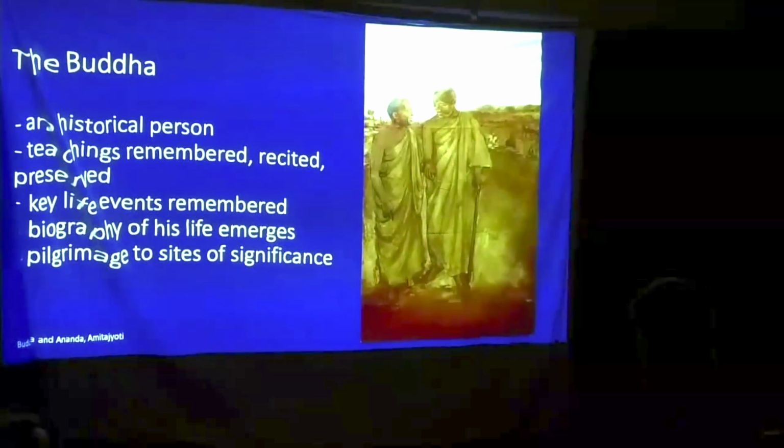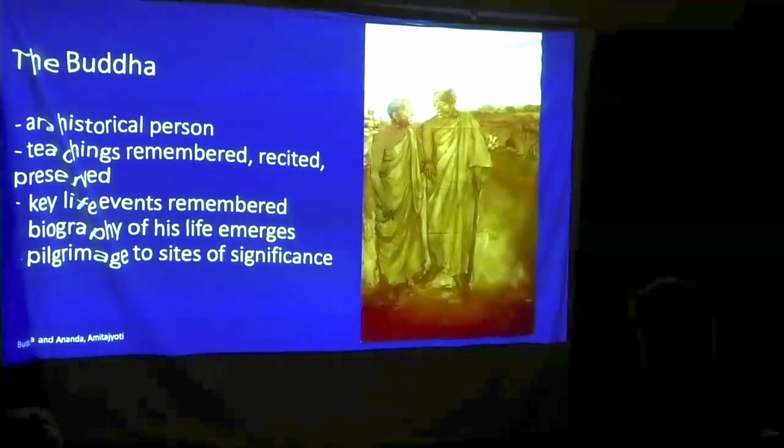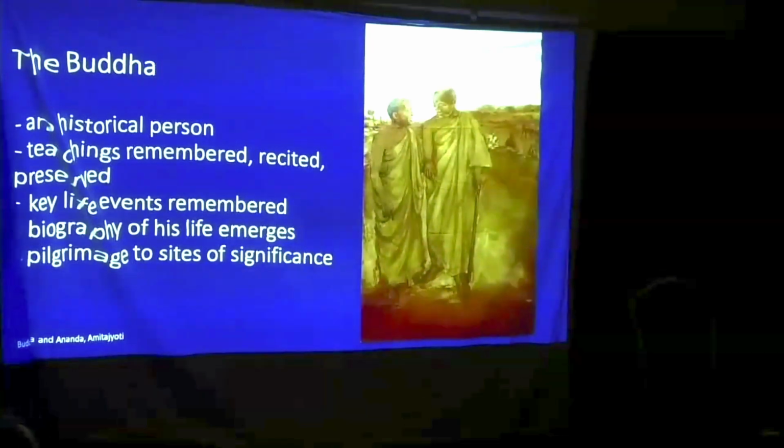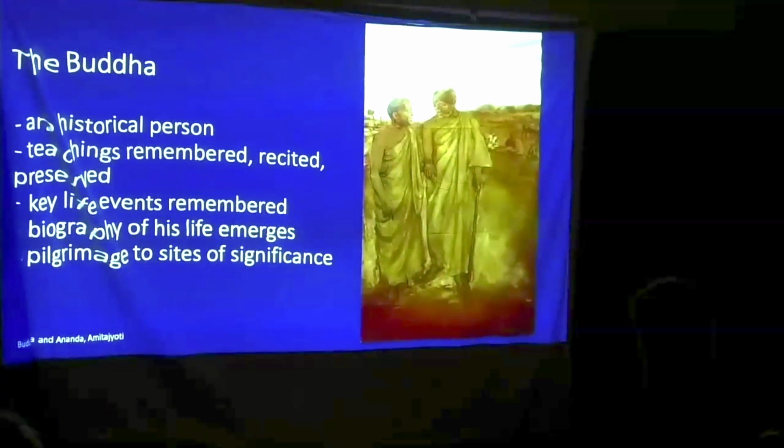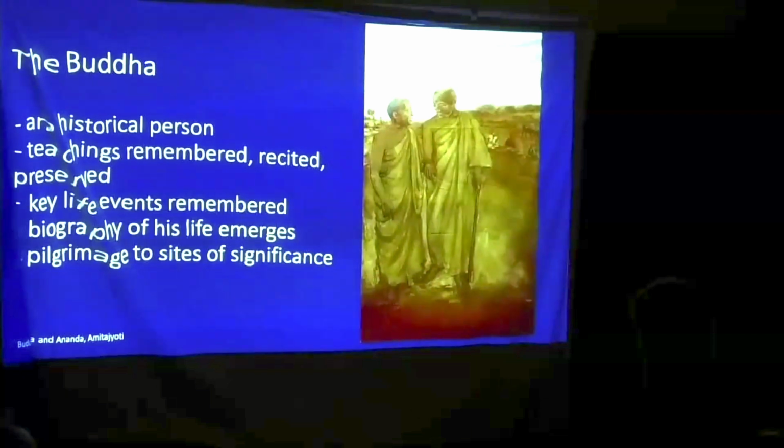So we've got the historical person of the Buddha right at the center of Buddhism, really. And this is a lovely image by a contemporary artist of the Buddha and his companion, his friend Ananda, and it shows them on the dusty roads of India, friends together in this life.